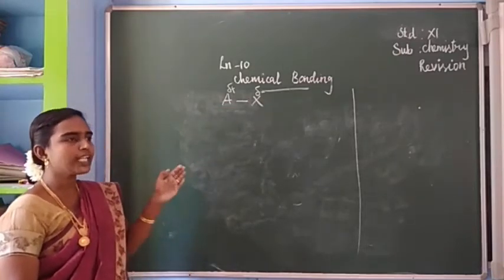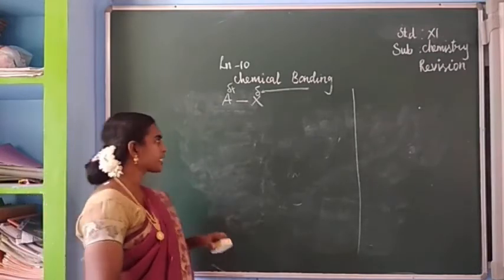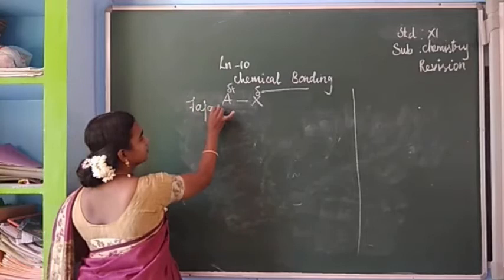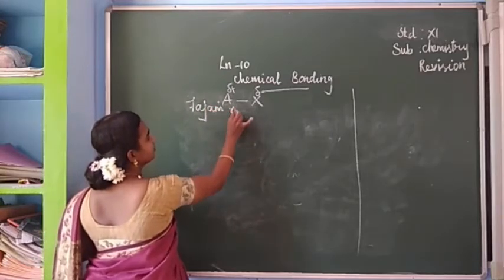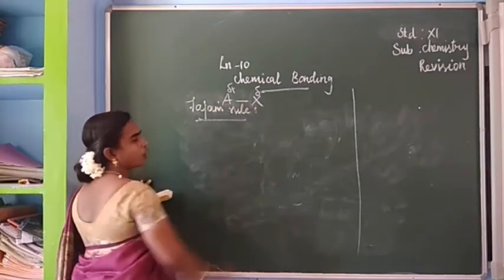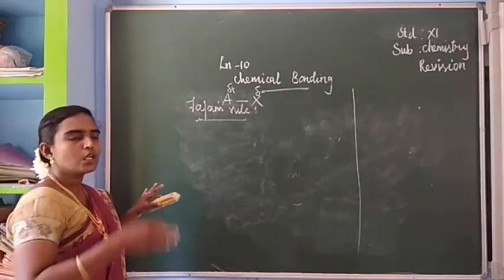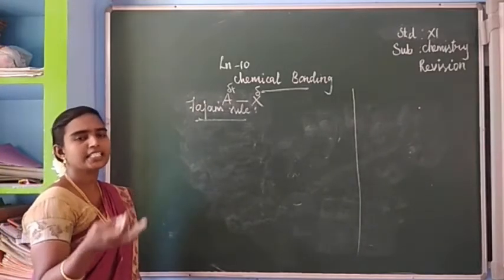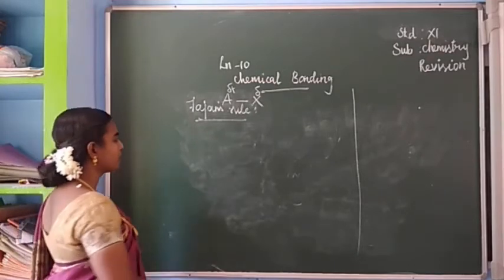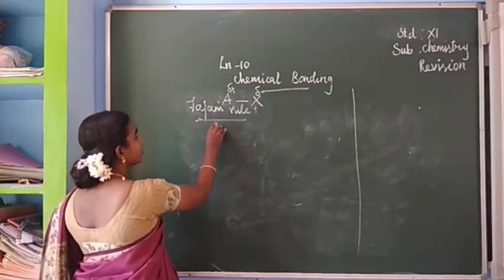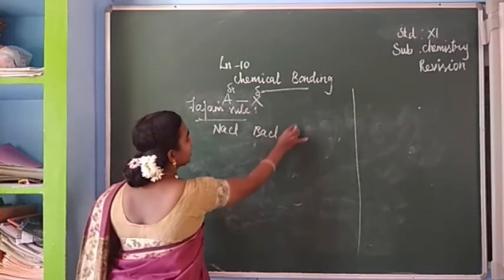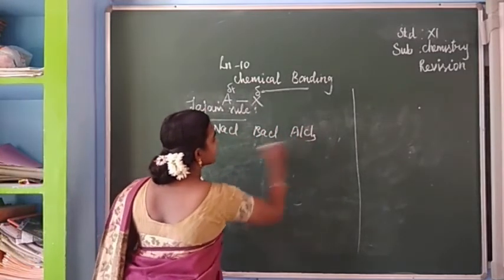This polarity of a covalent bond can be explained by a rule called Fajan's rule. According to this rule, increasing charge of cation or anion increases the covalent character. For example, consider sodium chloride, barium chloride, aluminium chloride.